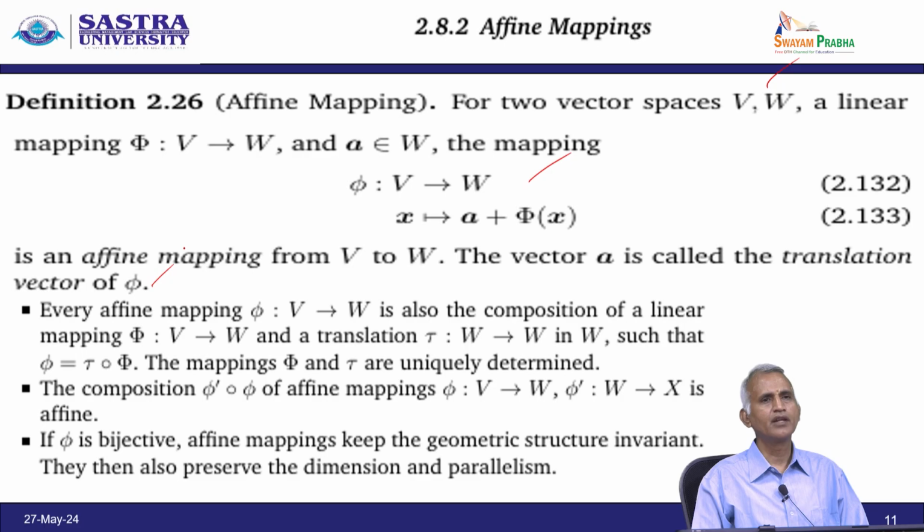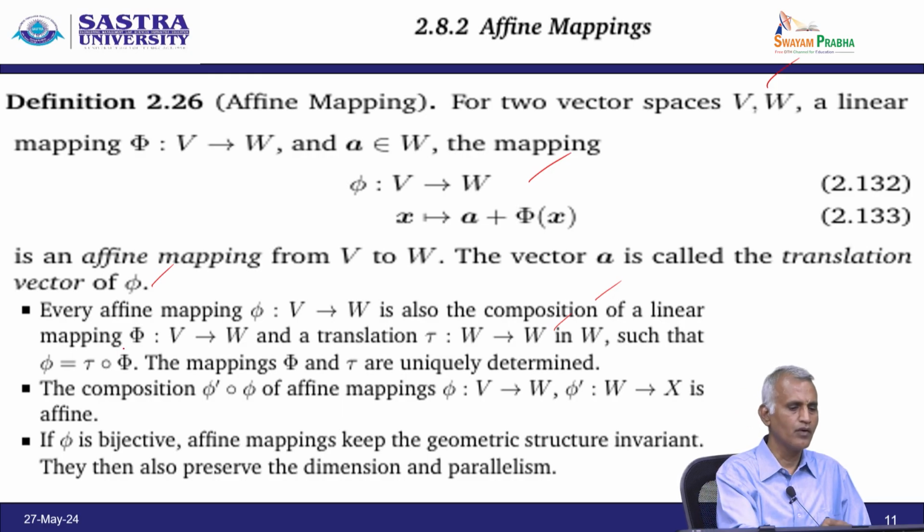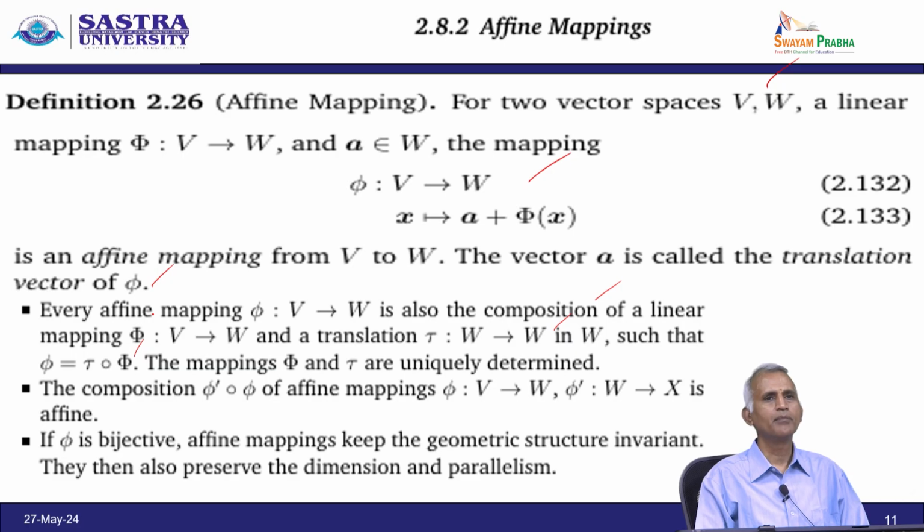Every affine mapping phi from V to W is also the composition of a linear mapping from V to W and a translation tau in W, such that phi is equal to the composition tau after phi, right. The mappings phi and tau are uniquely determined.